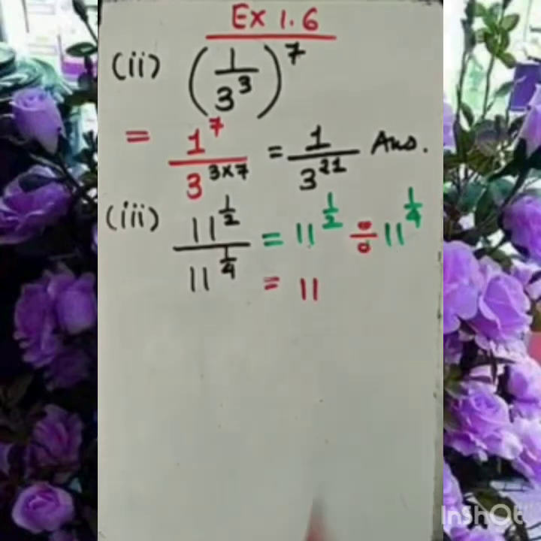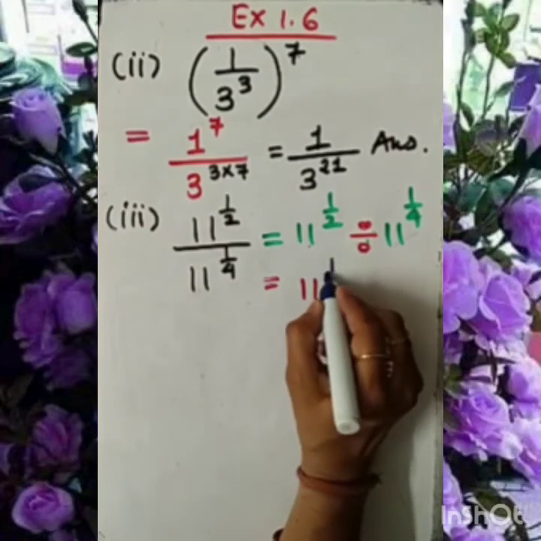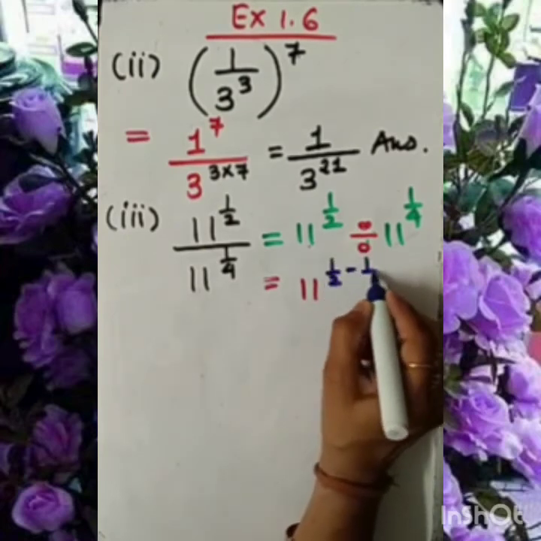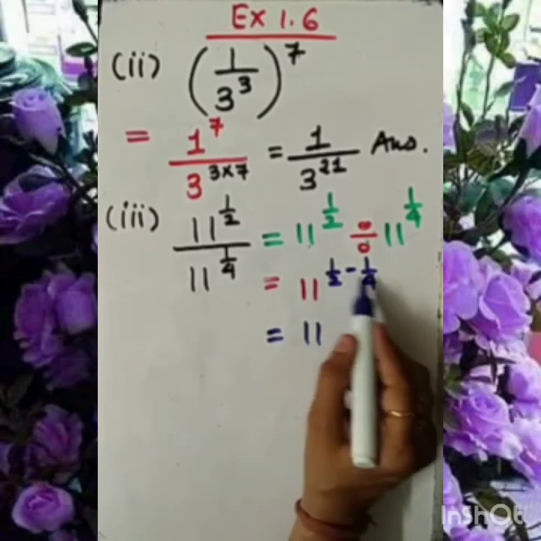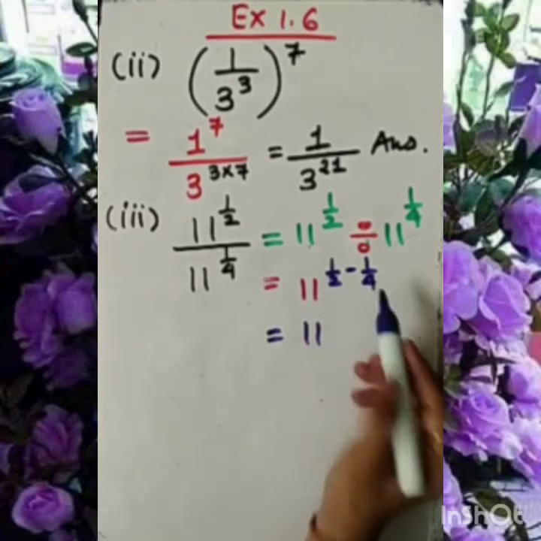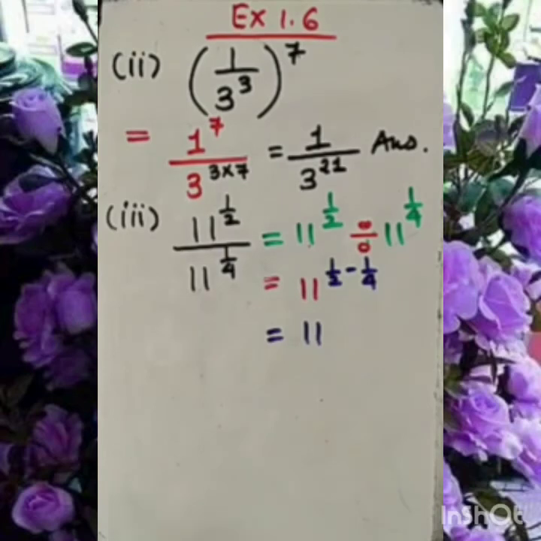In such a case, what do we have to do for the exponent? Minus. So we need to subtract 1/2 minus 1 by 4. Let's take an LCM of 2 and 4. The LCM of 2 and 4 is 4.